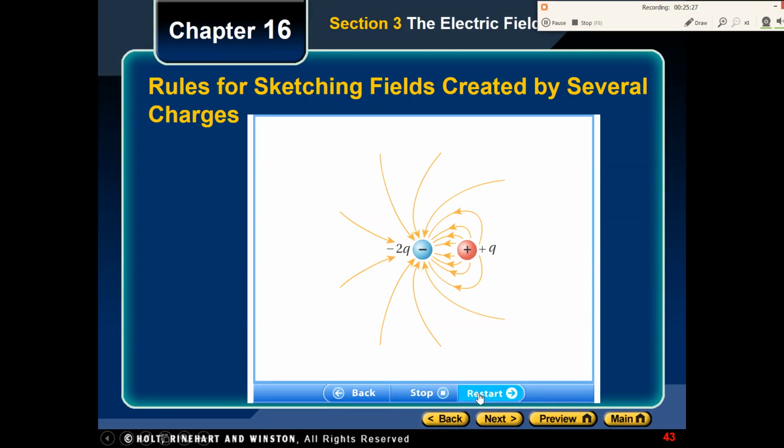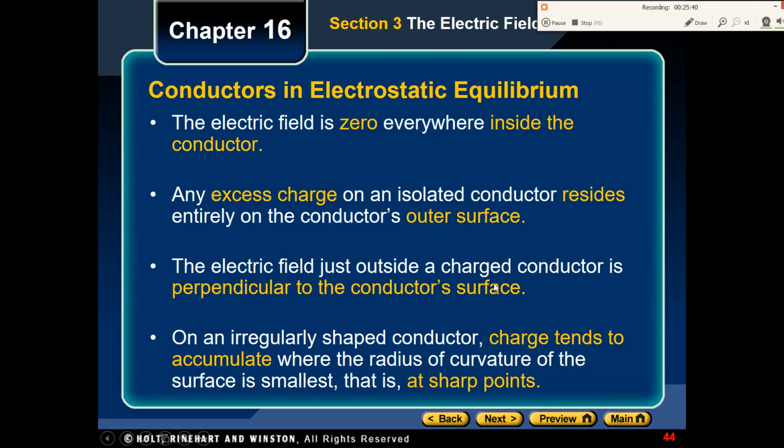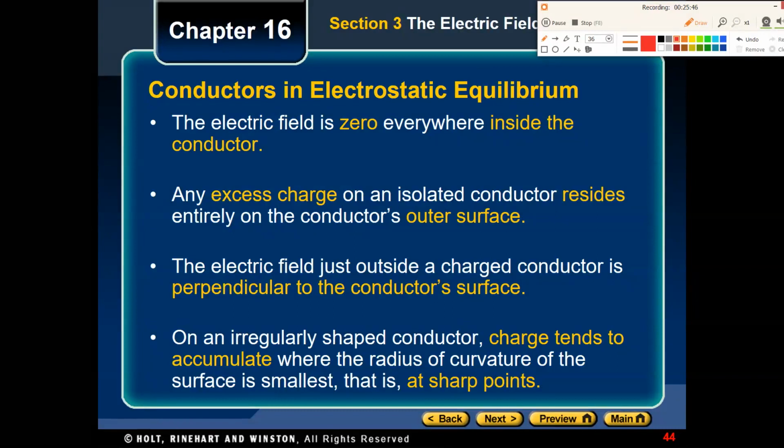If the negative particle has twice the charge of the positive particle, the field would be similar. All you have to do is replace the direction of the field lines. Right. So if we have a conductor in an electric field, inside the conductor, the electric field is 0.